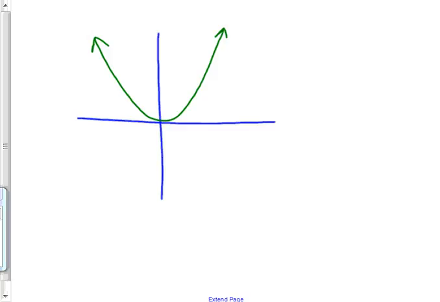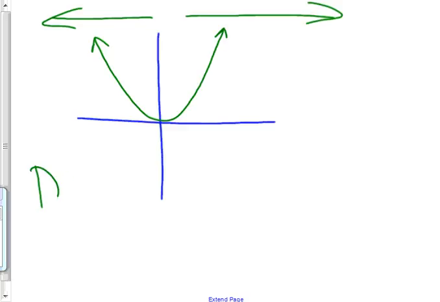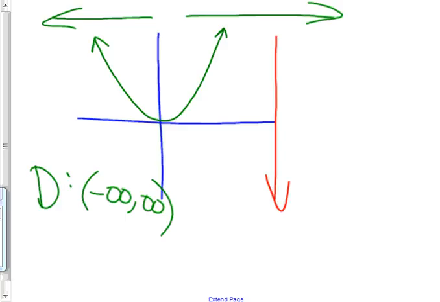Domain is the x's. And the domain is what's the smallest it can ever be when it comes to the left-right. This one's domain would be negative infinity to positive infinity. You're right. Very good. The range is up-down. It's the y's, right? Y's run this way. Now, this is important.